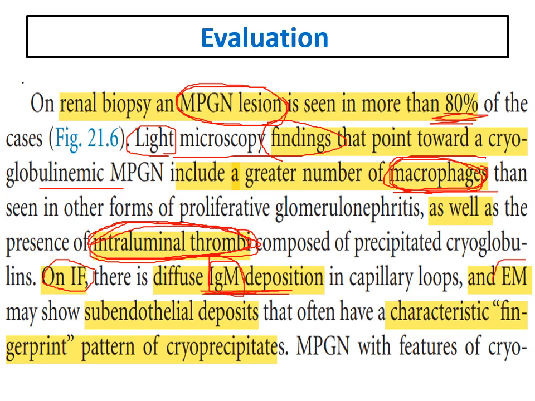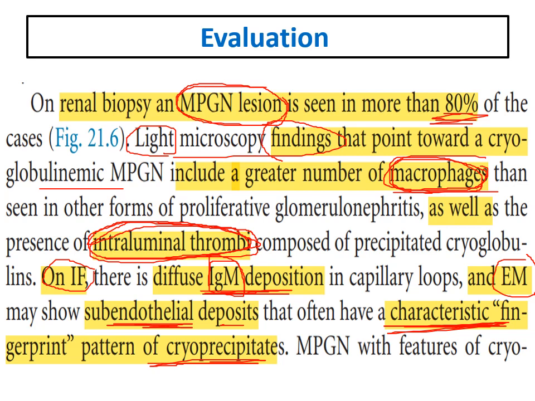And in electron microscopy, there are subendothelial deposits with a characteristic fingerprint pattern of cryoprecipitates. Again, if you are asked about the renal biopsy in cryoglobulins, in light microscopy it is MPGN with intraluminal thrombi and an increased number of macrophages.